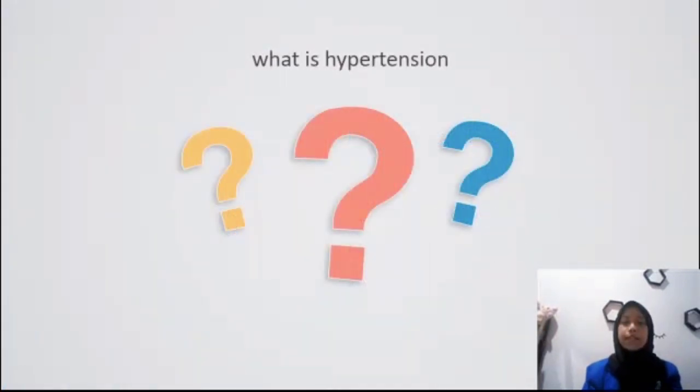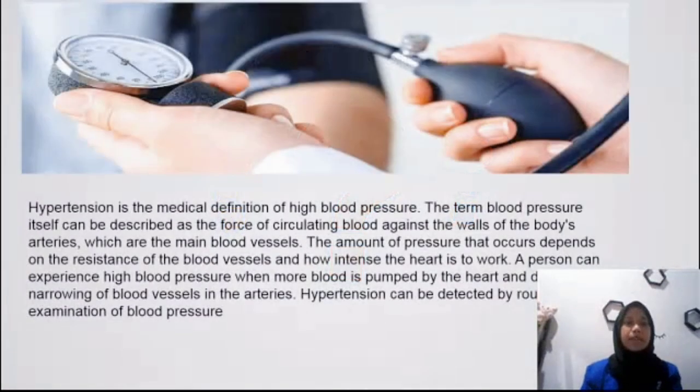What is hypertension? Hypertension is the medical definition of high blood pressure. The term blood pressure itself can be described as the force of circulating blood against the walls of the body's arteries, which are the main blood vessels.